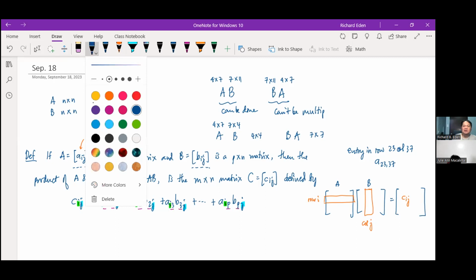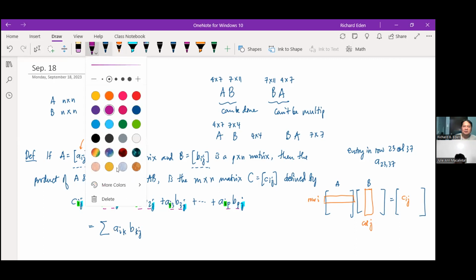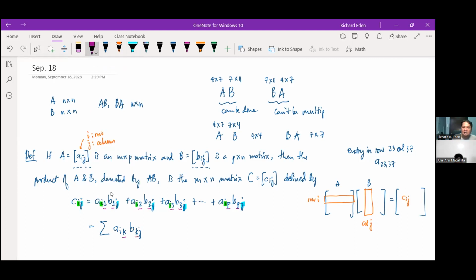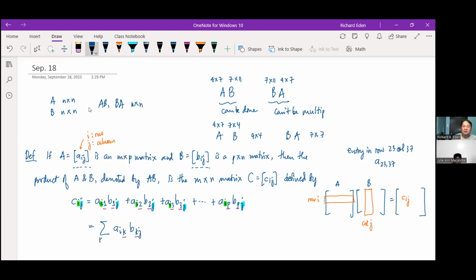And so we can write this in summation notation in the following manner. You have A sub I, and then B sub, second subscript is J, and then the index underlined in purple, if we call it K, K changes from 1, 2, 3, all the way to P. So C sub ij equals this sum.